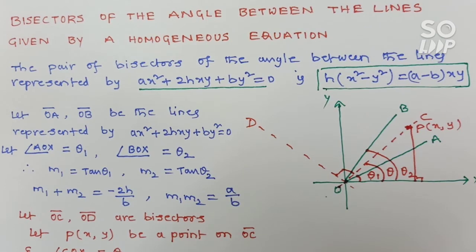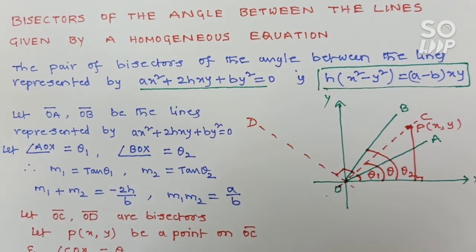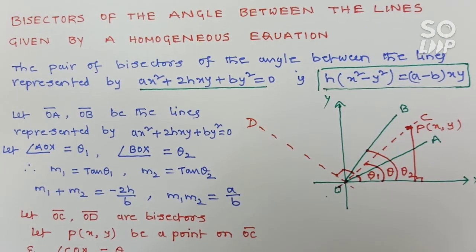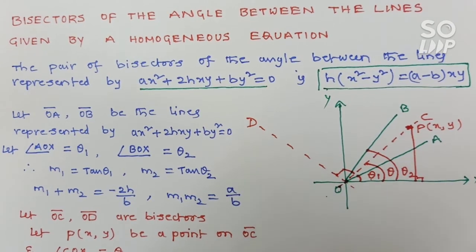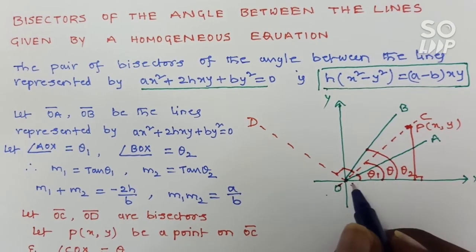Angle COX is theta means now tan theta is equal to the slope of the line. So what is tan theta?